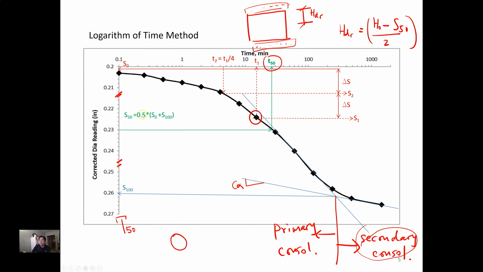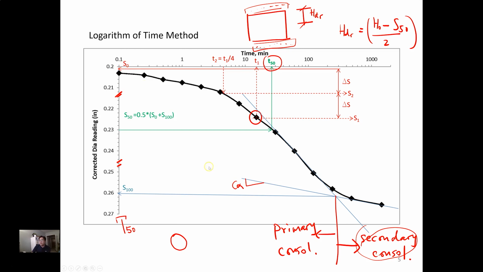Versus the other method, the log time method. This one, actually, we are not quite sure about S0. From data to data, from test to test, from interpretation to interpretation, you realize this S0 sometimes may go way beyond the first data point here, or sometimes it is close to it, or sometimes even goes a little bit above or below. So you are not quite sure about S0.